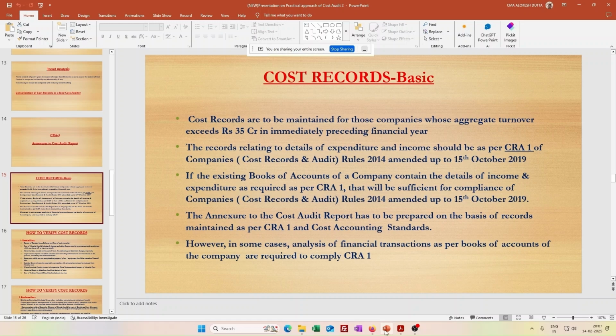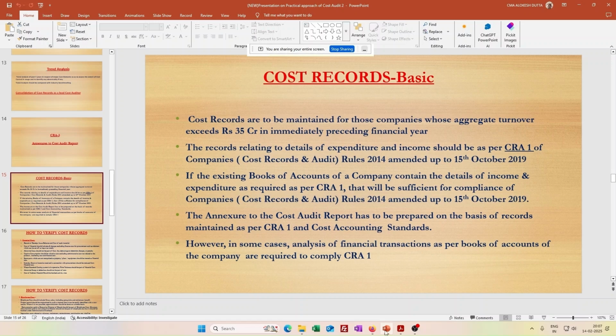So, before starting the actual record keeping, we have to see CRA 1. And what does CRA 1 indicate? It indicates how and in what manner you have to keep the records.